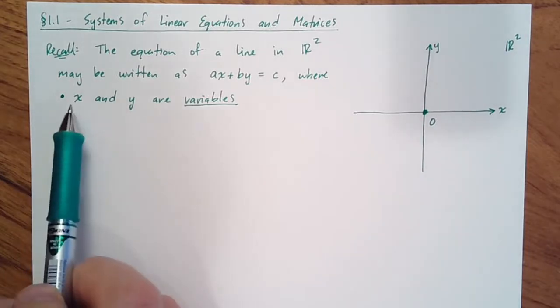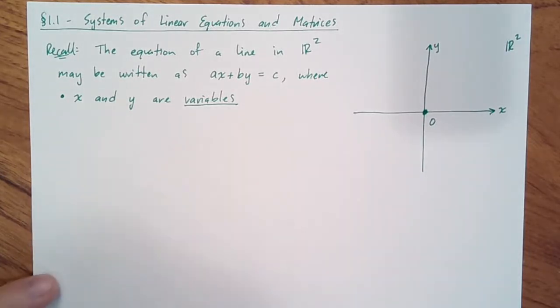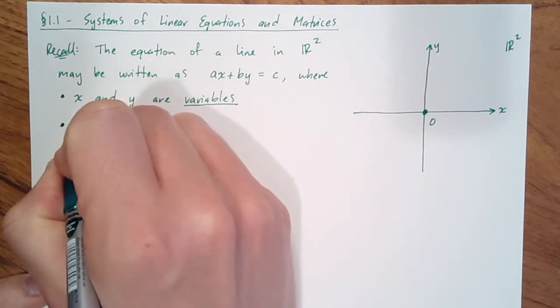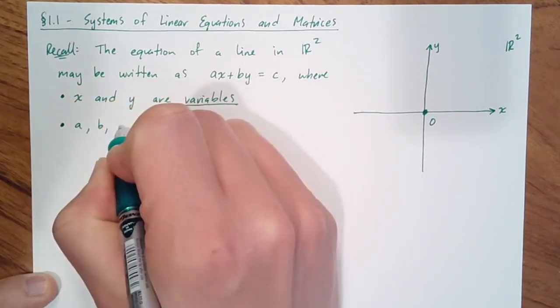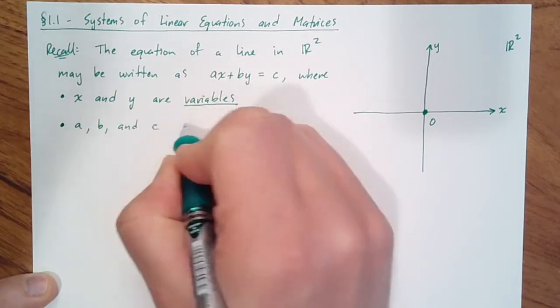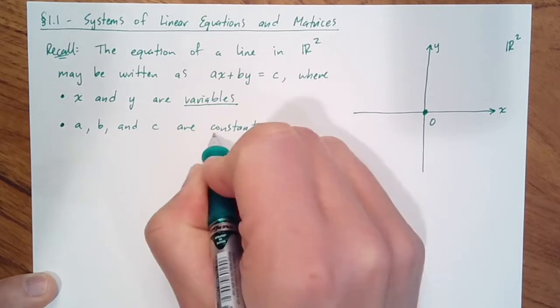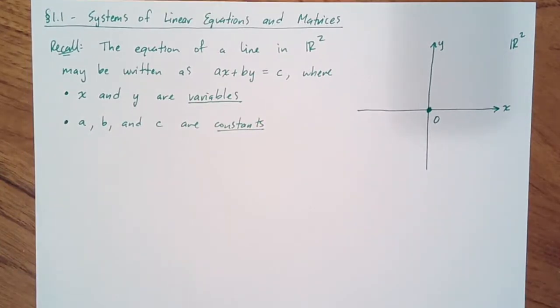You should be considering many possible values for the variables, whereas the other letters, A, B, and C, these are constants. So they're unknown as well, but whatever number those letters represent, they're fixed, they're constant, they're not going to change. So that's a key difference between the constants and variables. So we'll just make that distinction at this point.